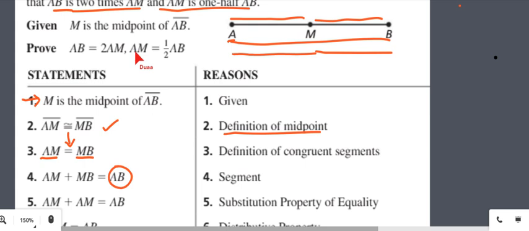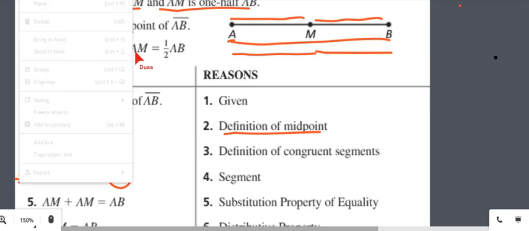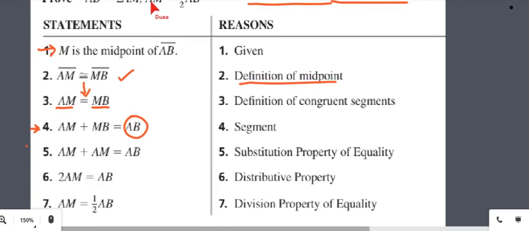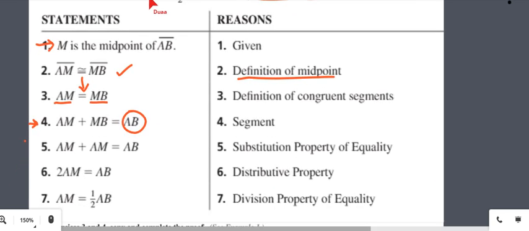Is it clear how I got this point? By using the concept of the segment, then I have to substitute now. I got that AM is equal to MB, then I substituted the value of AM here instead of MB. What I wrote? AM.